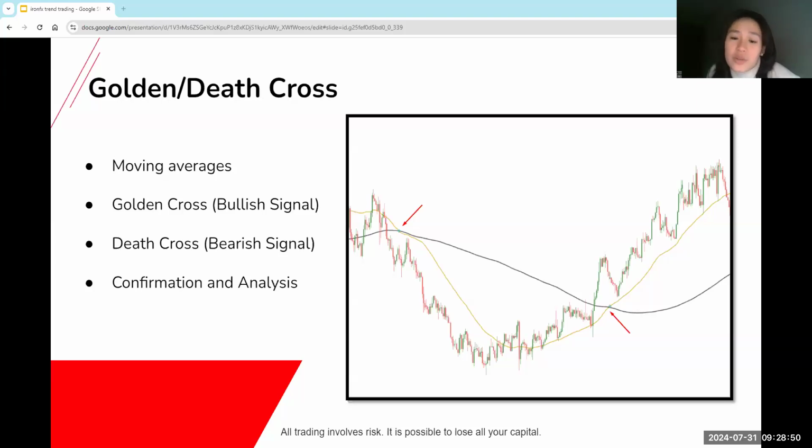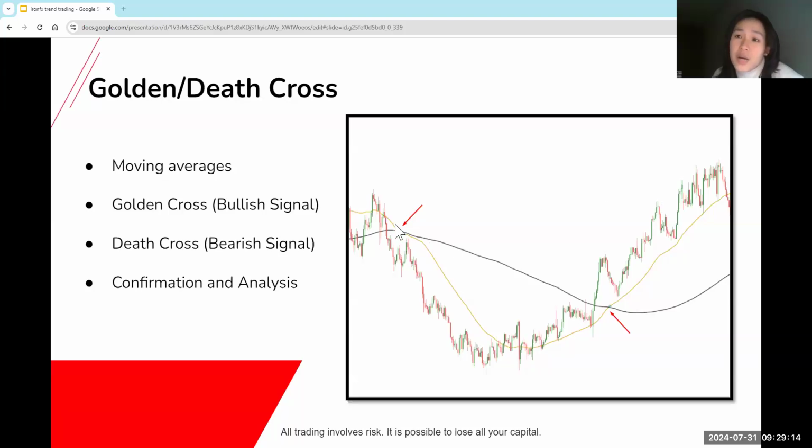Traders will often interpret this signal as a potential bullish trend reversal, implying that the price may continue to rise. For example, at the second arrow, the golden cross in this situation is where our yellow line crosses above the black line. And that's why you see prices start to rise as well.